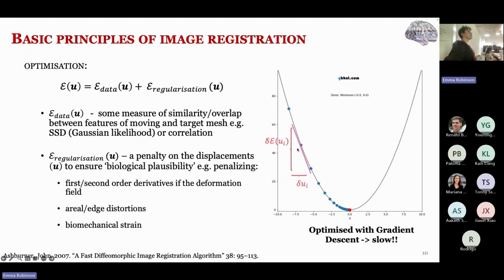So you take little steps until you reach the minima of your cost function, where these regularization terms are always contributing to that cost function. So for your overall cost, you're moving in a direction that's going to improve similarity whilst not creating too many distortions, step by step, until you get to what you hope would be a global minima.